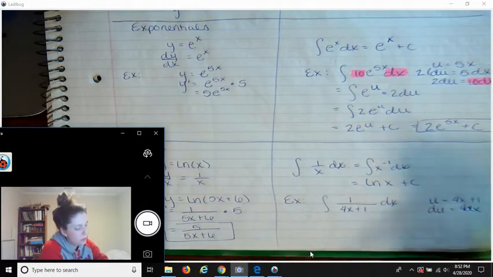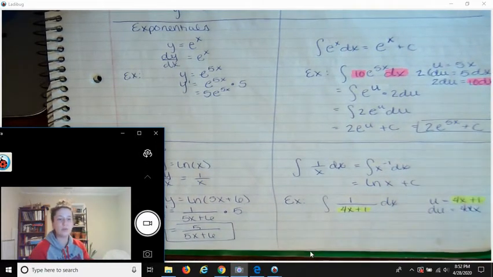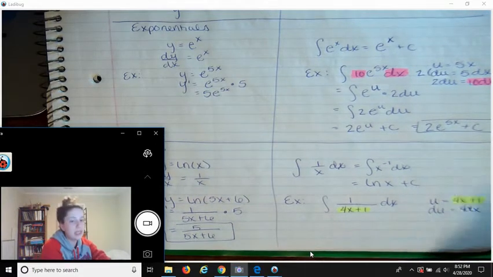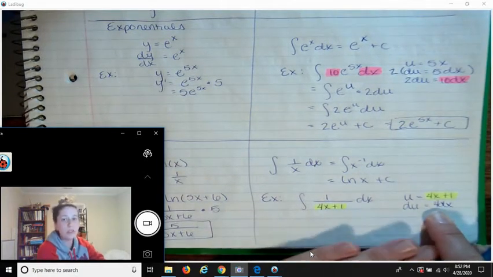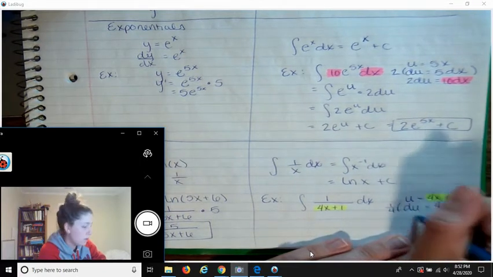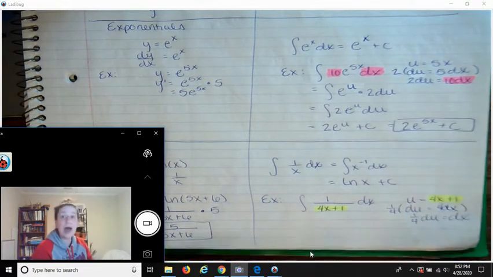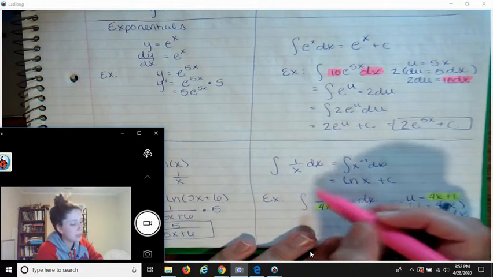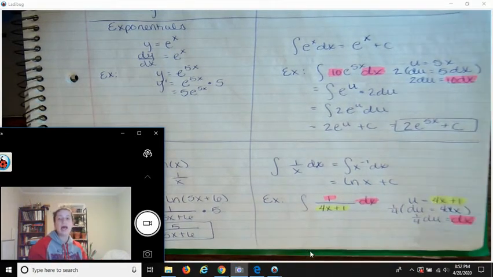My u can go right here, but the stuff I need to replace my du with is 1 dx, but I have 4 dx right here, which means that I need to get this 4 to become a 1. So I'm going to multiply this whole thing by 1/4. So I get that 1/4 du is equal to dx. Now my 1 dx can be replaced by this guy right here, okay? That thing is equal to 1/4 du.